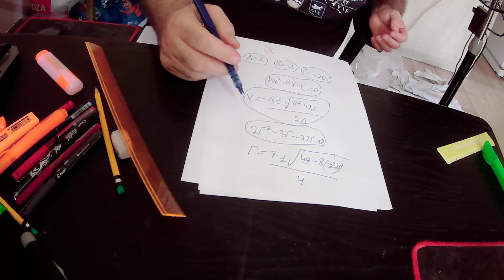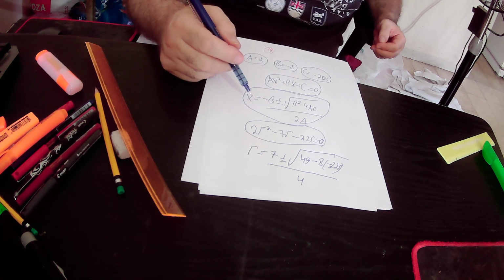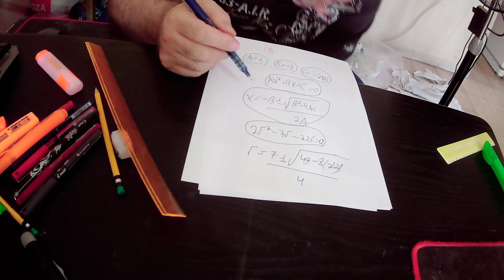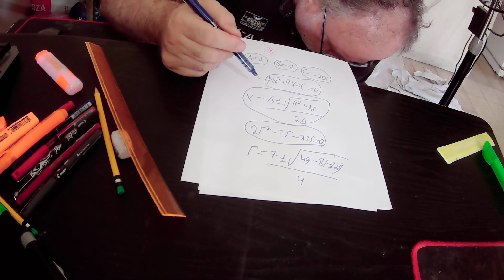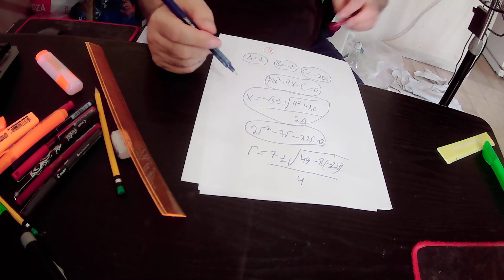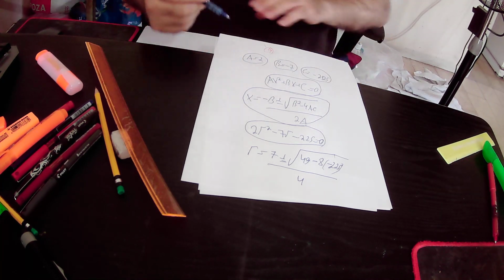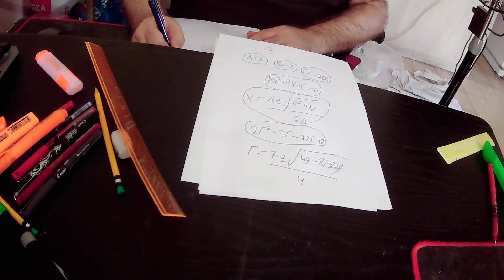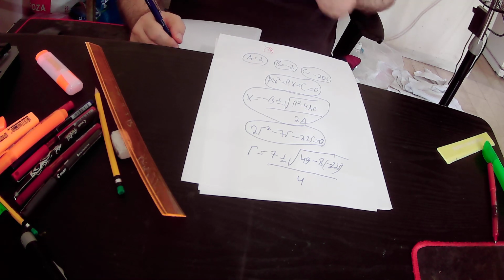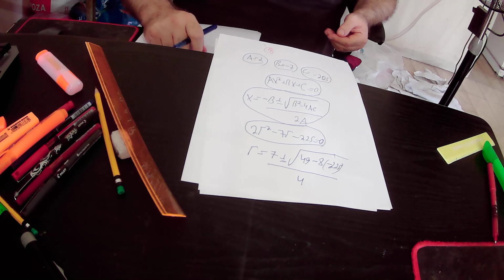So here 49 minus 8 times minus 225 is 49 plus 1800.